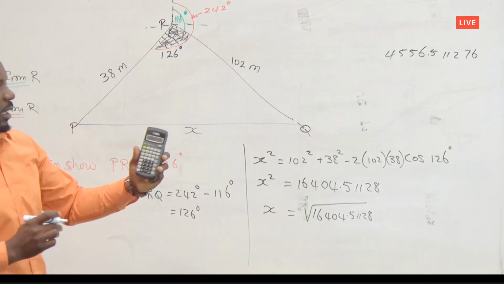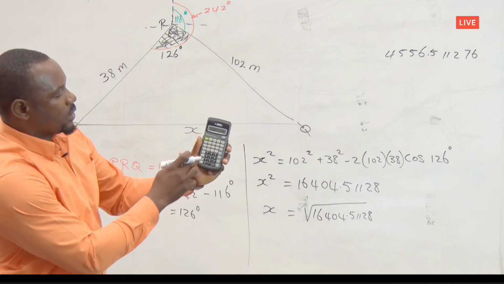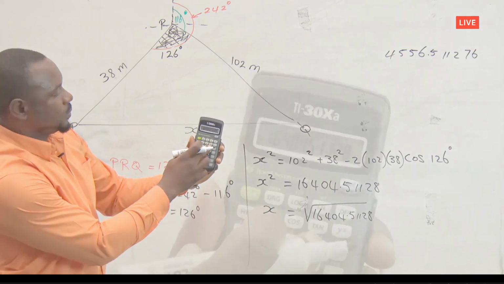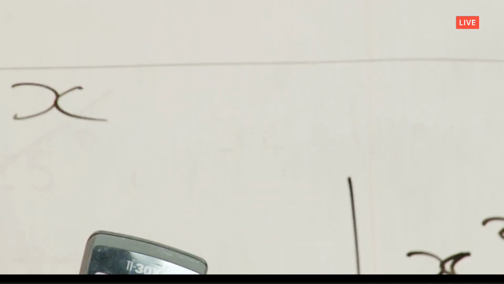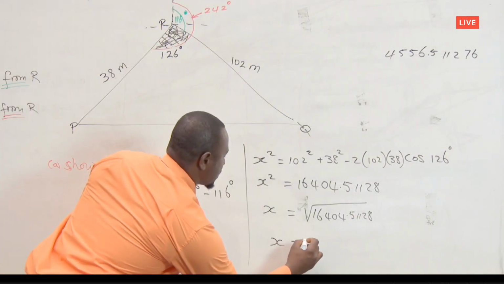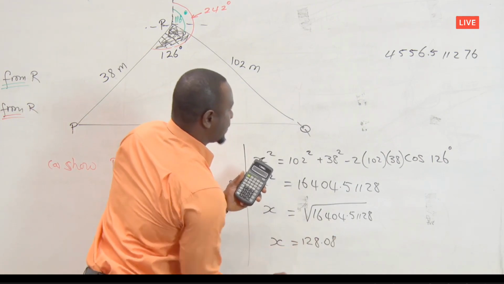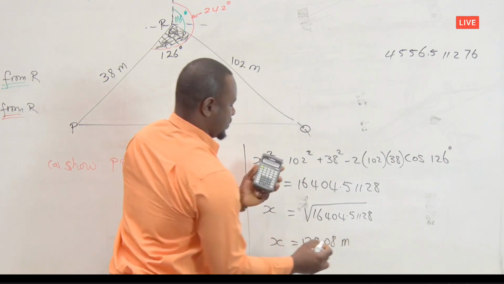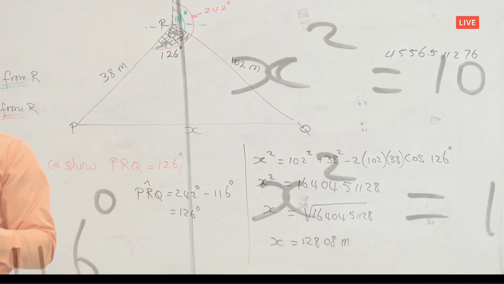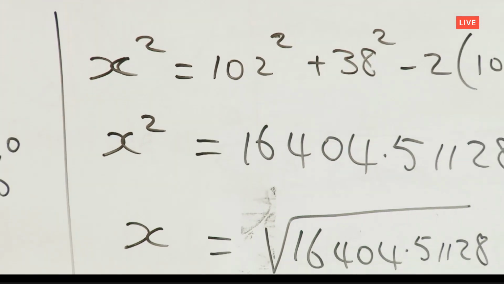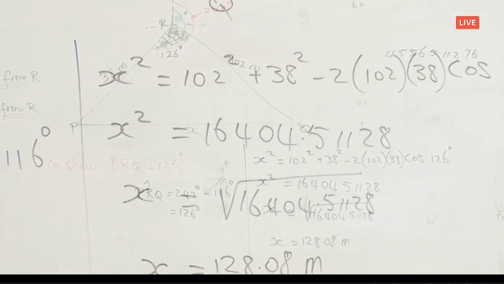You keep that number in your calculator, and you're going to get the square root of that number. So x now equals 128.08 meters.